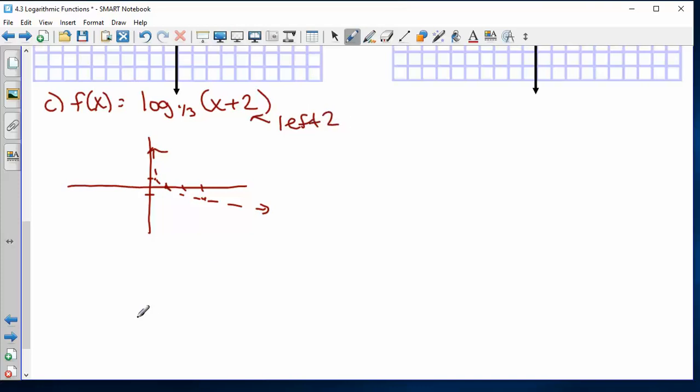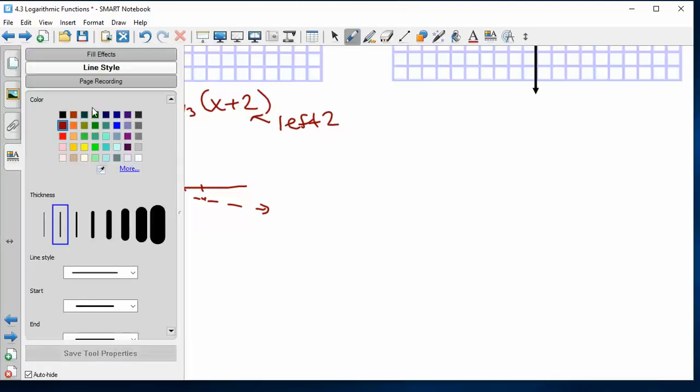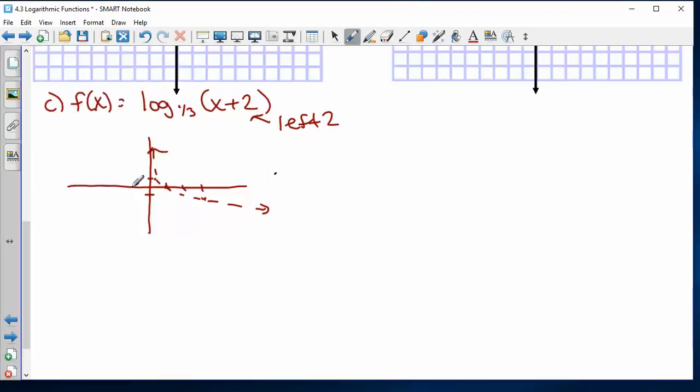Okay, when I move this graph left, what is going to happen? I'm moving each point, but I also have to move my asymptote with it. So my vertical asymptote is now at -2.